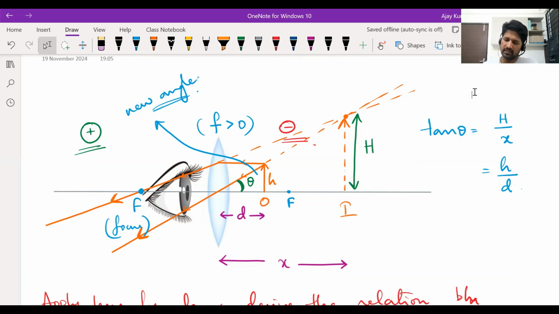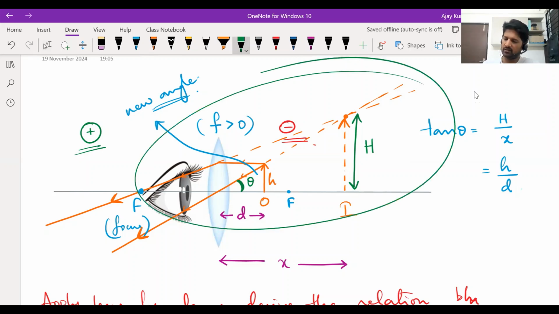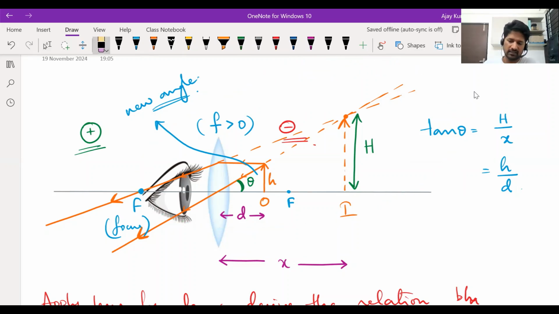No. See, this kind of image formation is possible by a converging lens only if the object is placed within the focal length. You can only allow it to increase up to f, not beyond that. Object must lie within this range. That's why I repeatedly ask you to draw the ray diagrams in all cases.